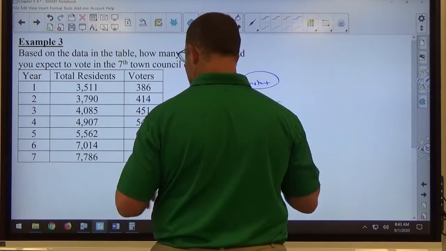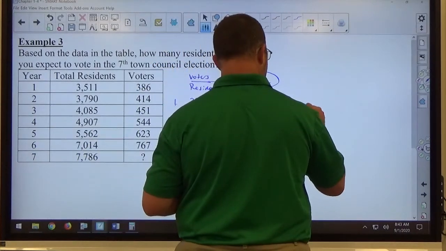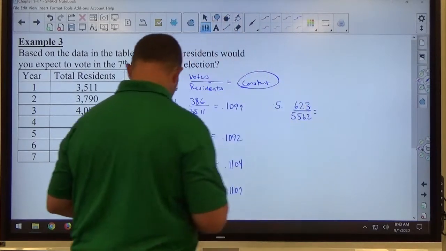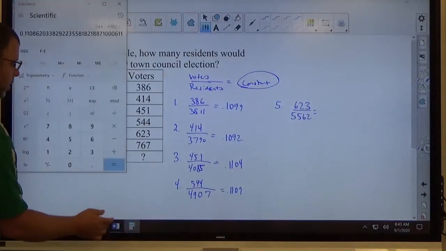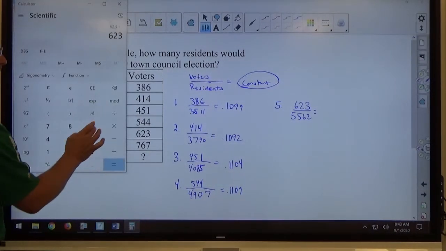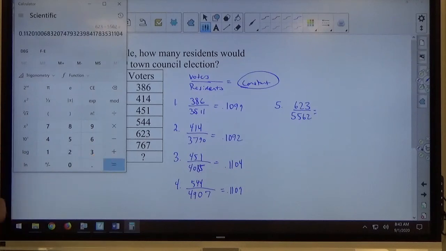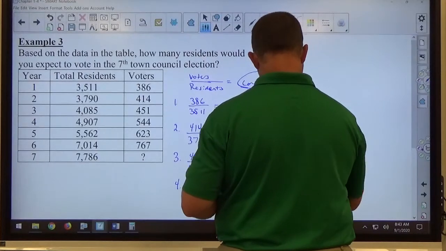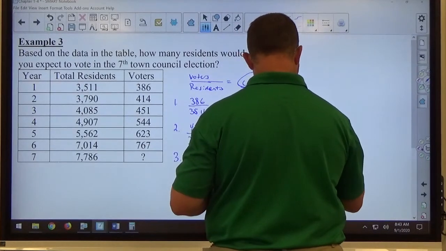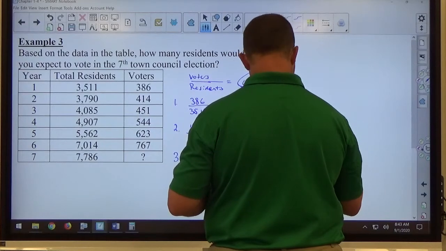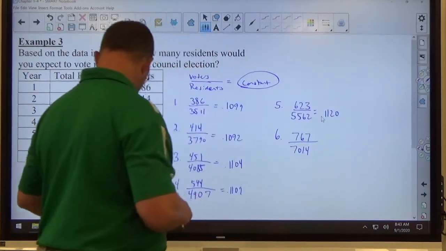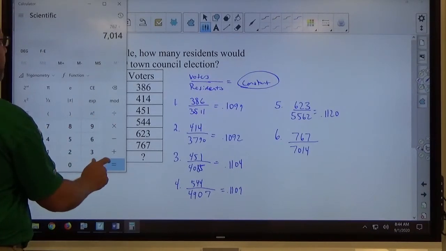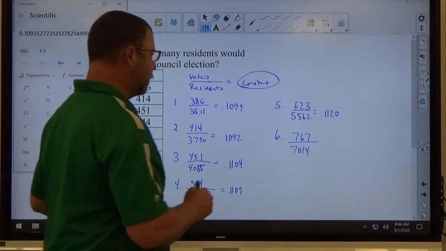In year five, we have 623 voters out of 5,562 residents. So 623 divided by 5562 comes out to 0.1120. And finally, year 6, we have 767 voters out of 7,014 residents. 767 divided by 7014 comes out to 0.1094.